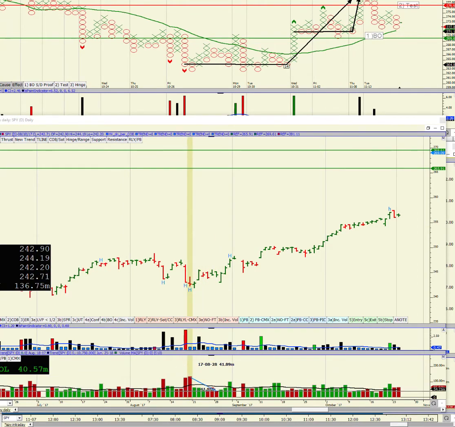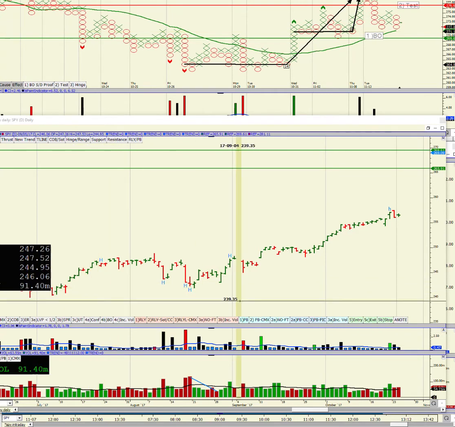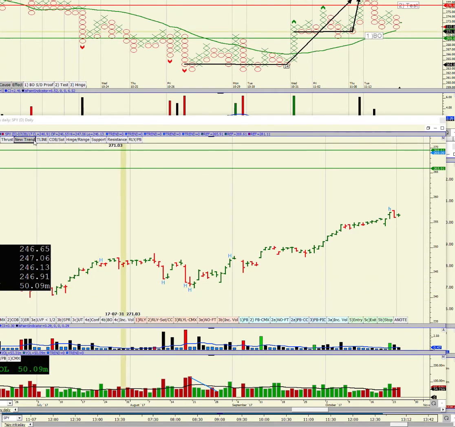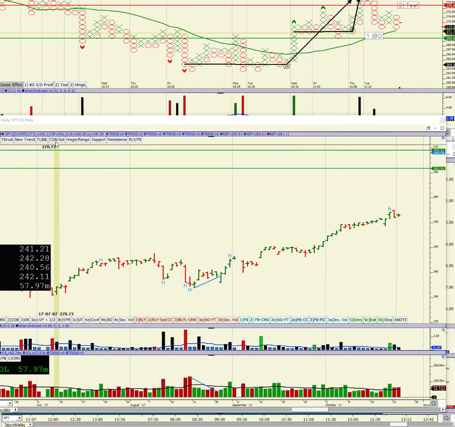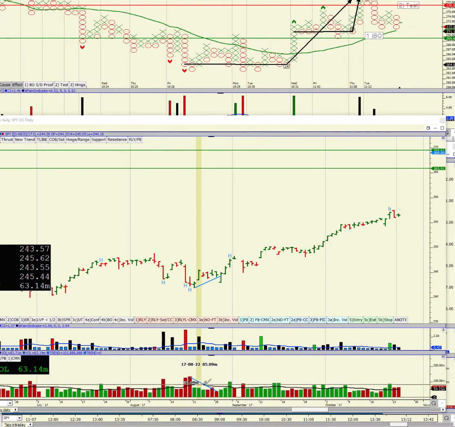Look at this. You see what happens? It's even below the volume moving average line. See that? And then bang. So this is a springboard. That low volume is because they cleaned out the entire area.